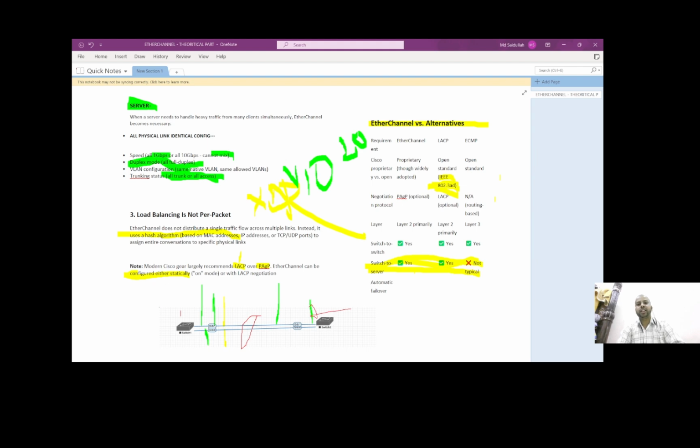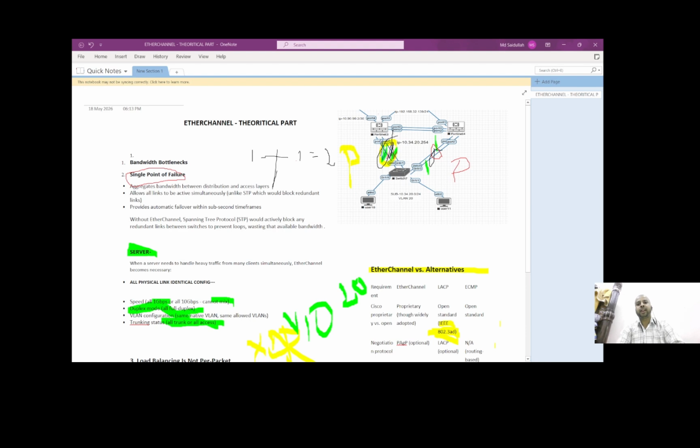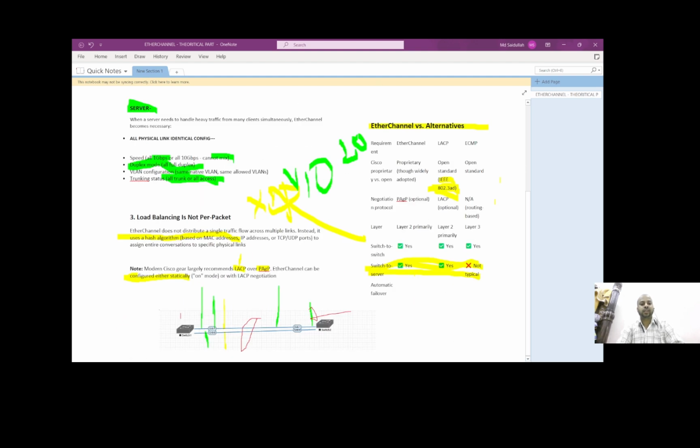That's why, since one side is my firewall and the other side is a Cisco switch, I use LACP. And here both are Cisco switches. You can use PAgP, but preferable is LACP. And the mode is active. In LACP, two modes: active mode and passive mode, and in PAgP, auto, desirable, and active. Three modes in PAgP.